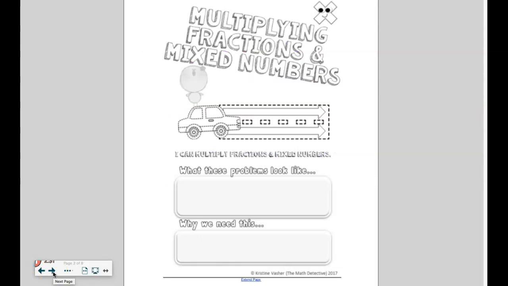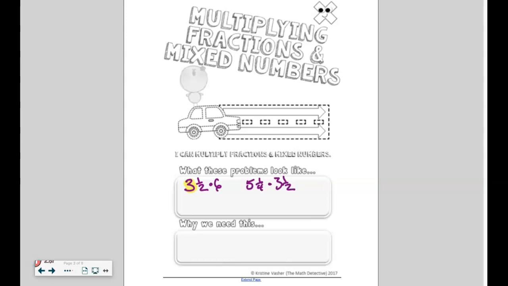Multiplying fractions and mixed numbers. So I can multiply fractions and mixed numbers. These problems might look like 3/2 times 6. You might see 5 1/4 times 3 1/2.